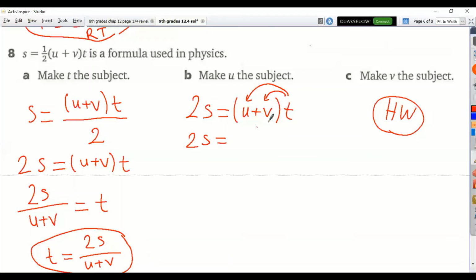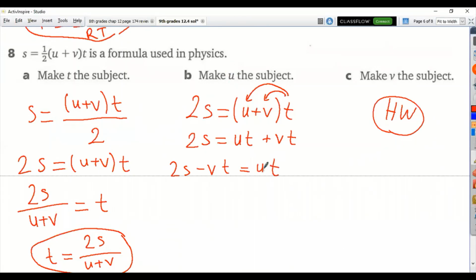2S equals T times U, UT, and plus V times T, VT. I'm rewriting, nothing else. U will be isolated. So this should be sent to the left side. Plus sign will be minus on the other side. So 2S minus VT is going to be UT.